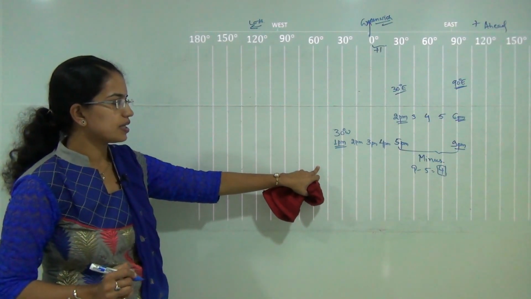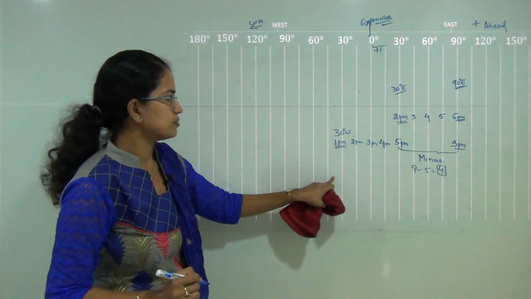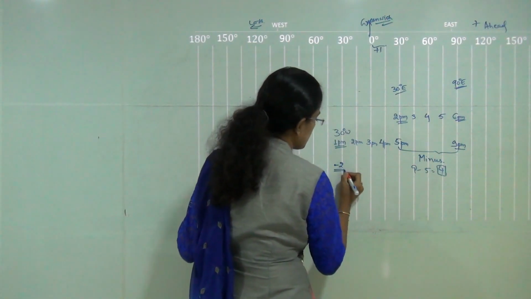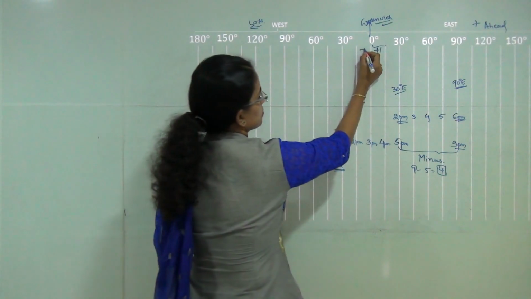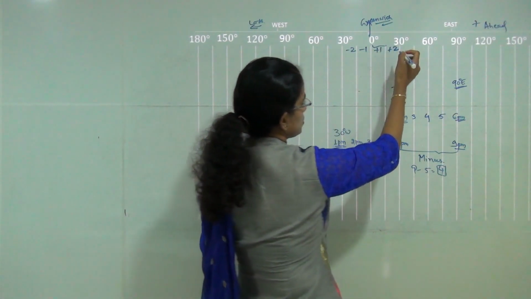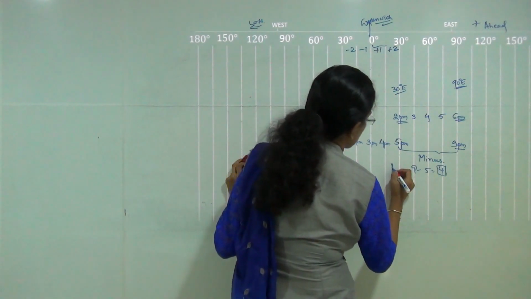So what I am doing here is, if I know the time zones, let's say here the time zone is -2, because this is -1, this is -2, and here it's +1 and +2, and here the time zone is +2.